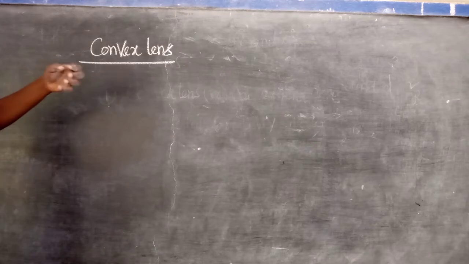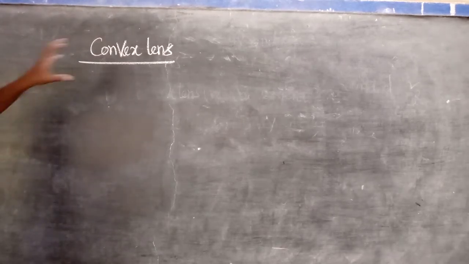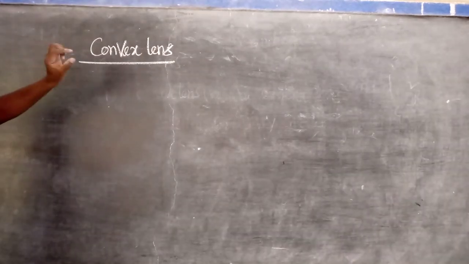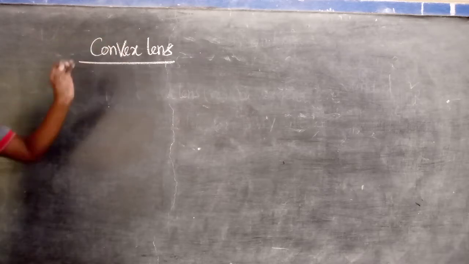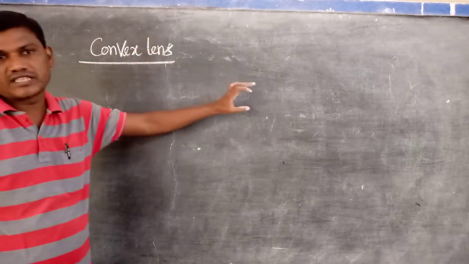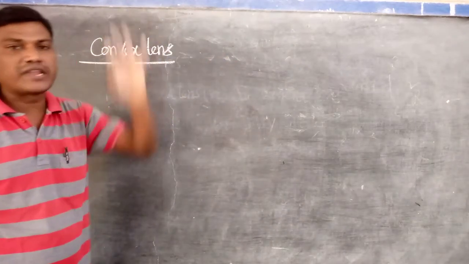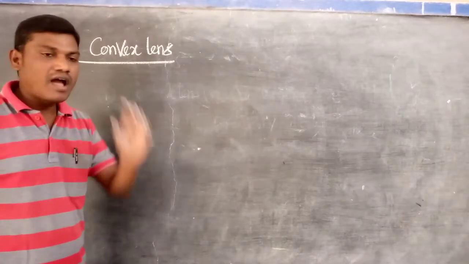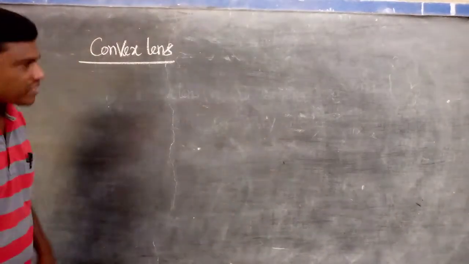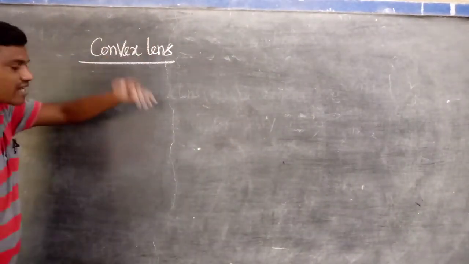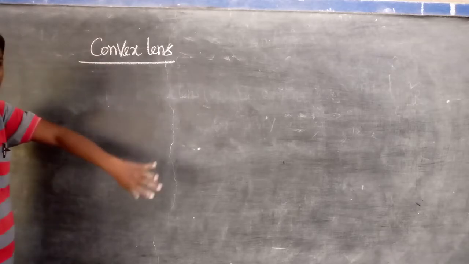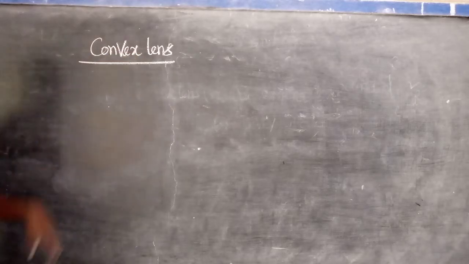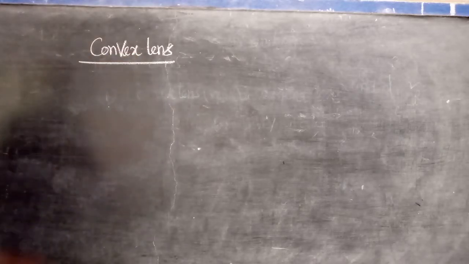Which type of lens do we call a convex lens? A lens is a transparent material bounded by two refracting surfaces, of which one or both are spherical; at least one must be a spherical surface. Further they are classified into two types, convex and concave. First we discuss which type of lens is called convex.